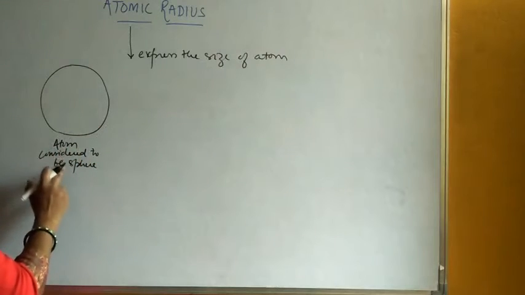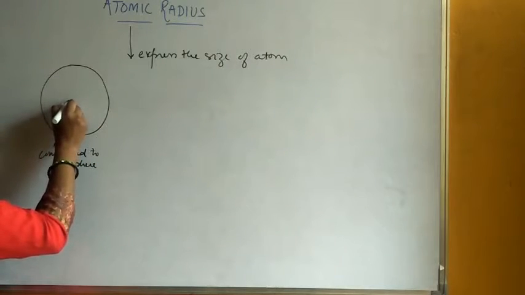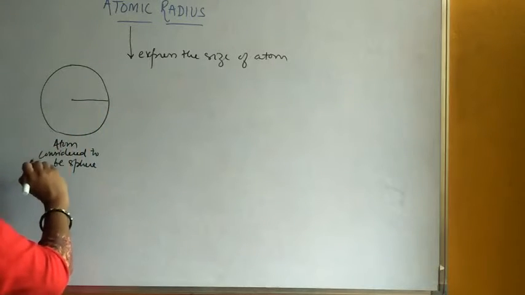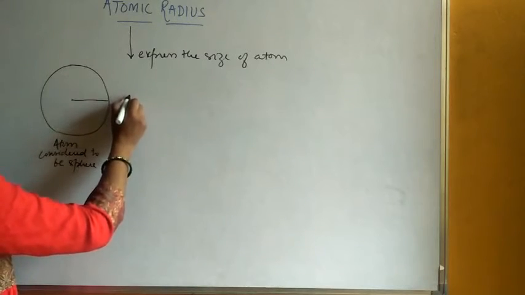And if it is considered to be a sphere, then it is the distance from the center of the sphere, or the center of the atom, to the outermost shell. So what is the atomic radius then?